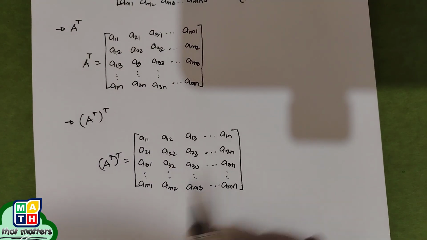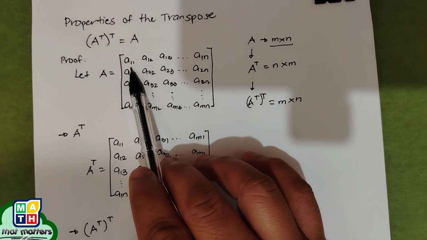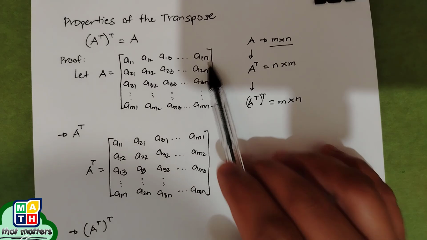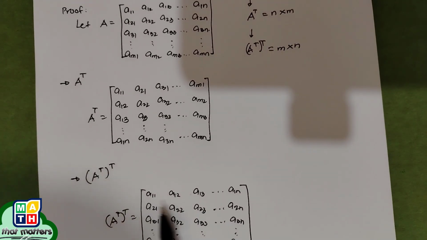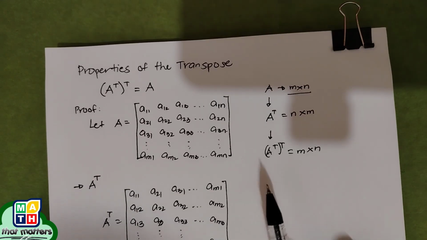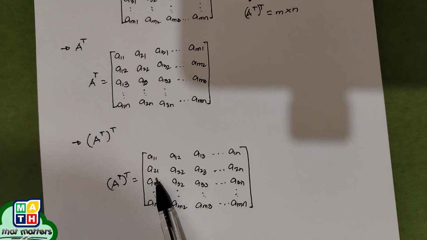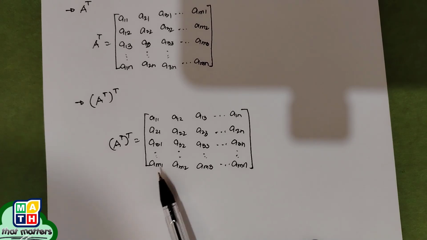But what is this exactly? I can compare it with the original: A11, A12, A13 to A1n. You have here A11, A12, A13 to A1n. Going to the first column, A11, A21, A31 to Am1, you have A11, A21, A31 to Am1.